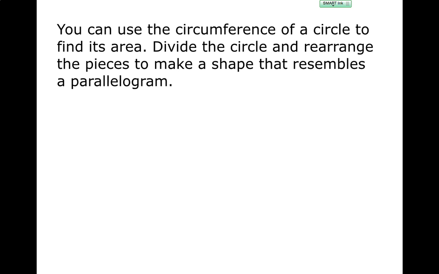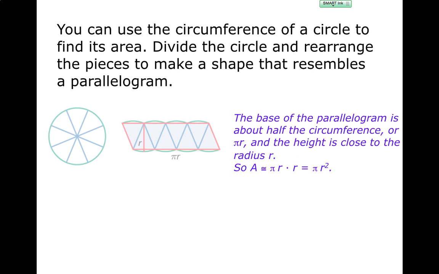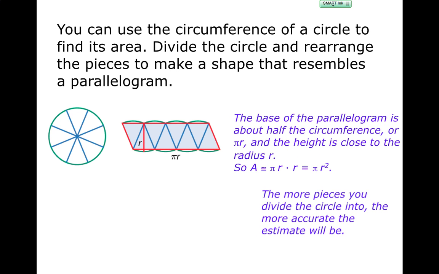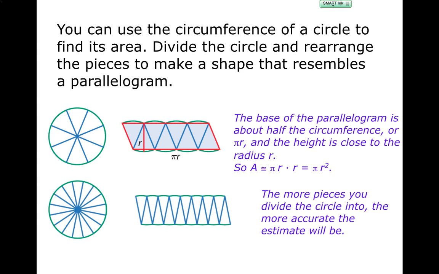How do we get that area formula? By taking a circle, if you would cut it into pie-shaped pieces and arrange them, half of them pointing down, half of them pointing up, you form what's close to a parallelogram. If you make it into more pieces, it's not as curved, so it maybe is closer to a parallelogram.